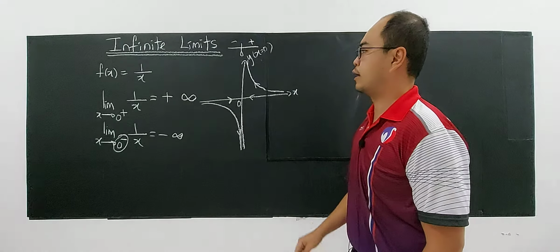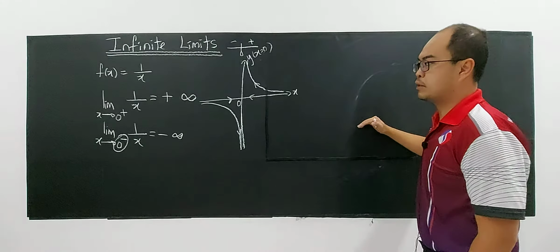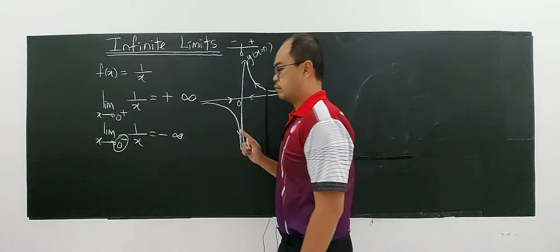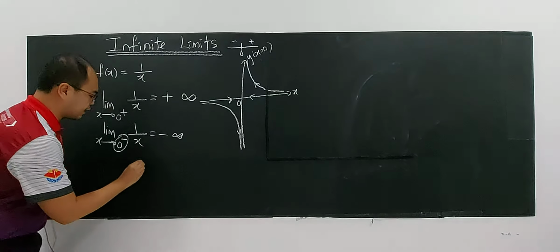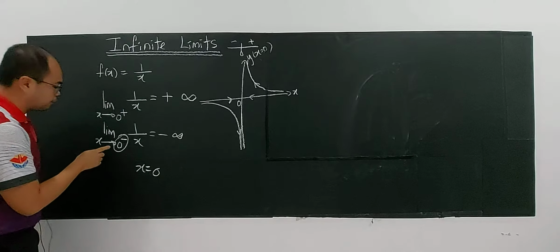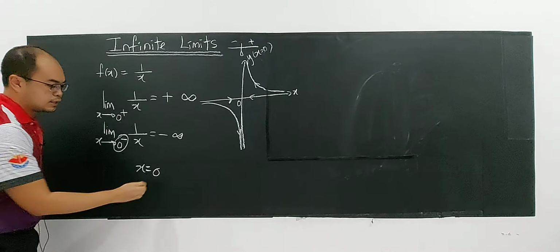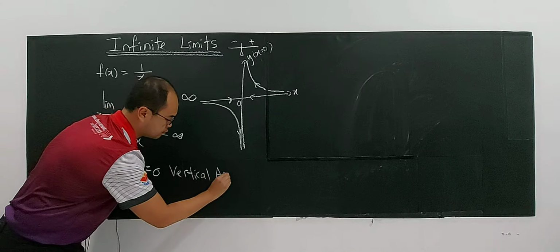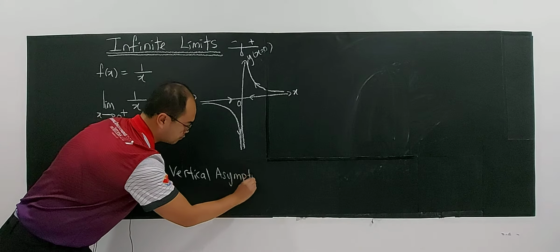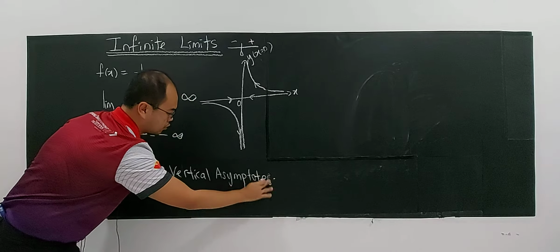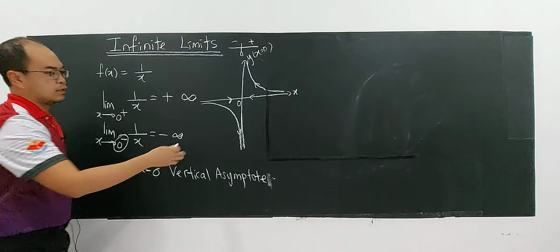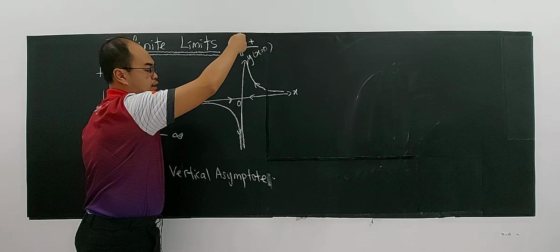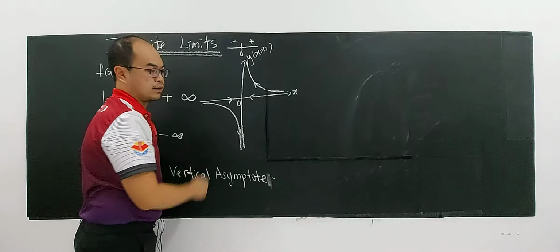Can you see that? So just now through the example, you can see that the graph was getting higher and higher, right? This type of line, the point x equals 0, is named the vertical asymptote, because vertically the graph will be approaching infinity, either positive or negative infinity.